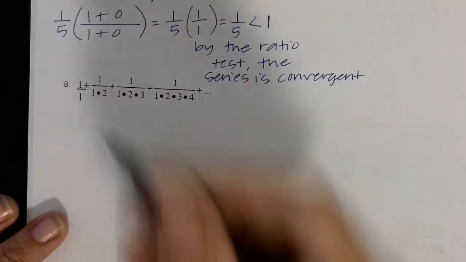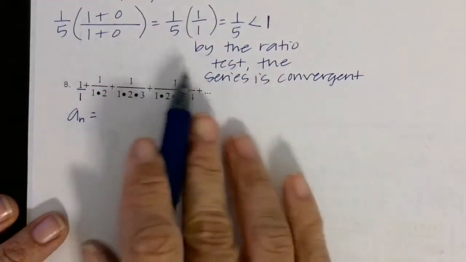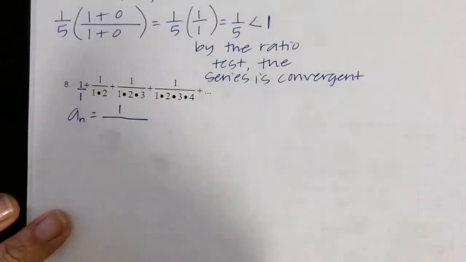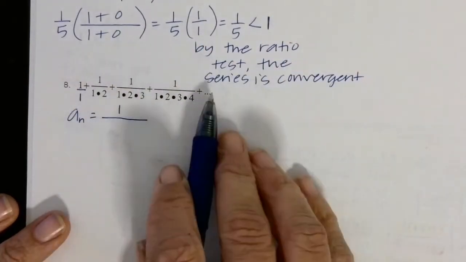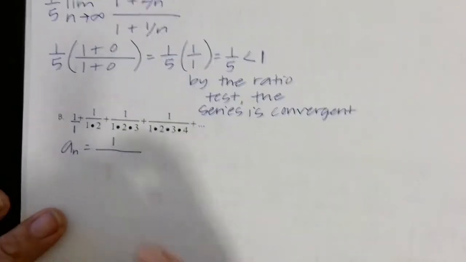Okay, we have to write the rule. So hopefully you can see the numerator isn't changing at all, so that should just be a 1. But we can see the denominator is changing, and it's changing by factorials. Does everyone see that?